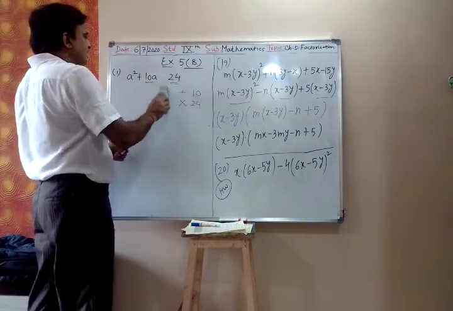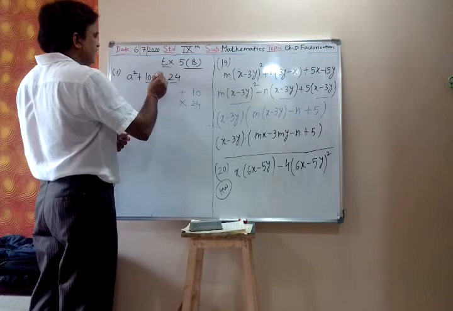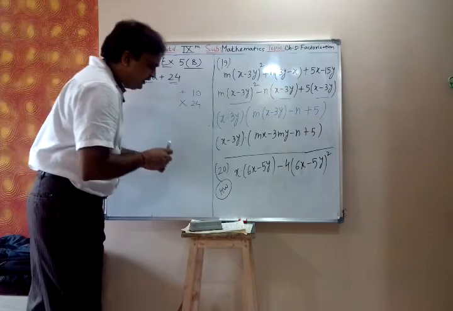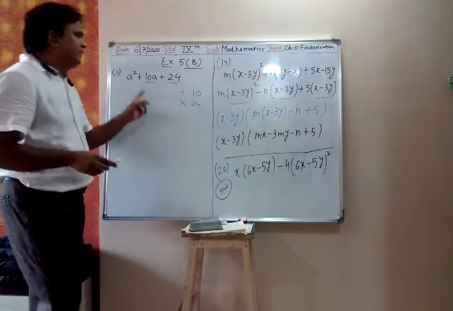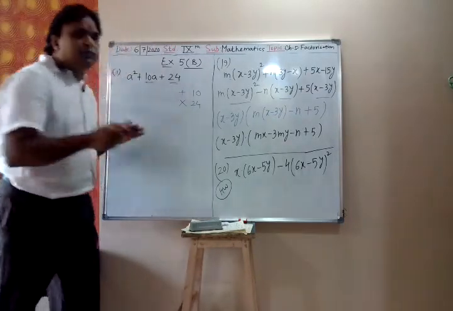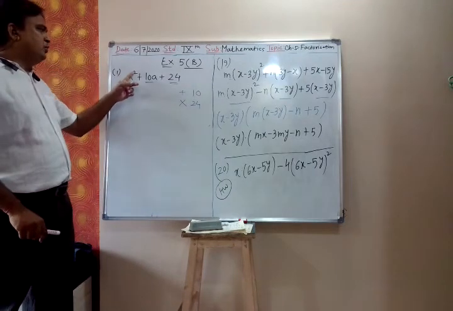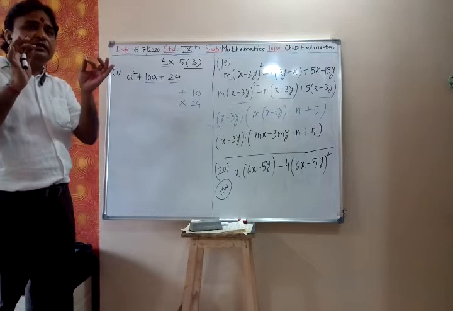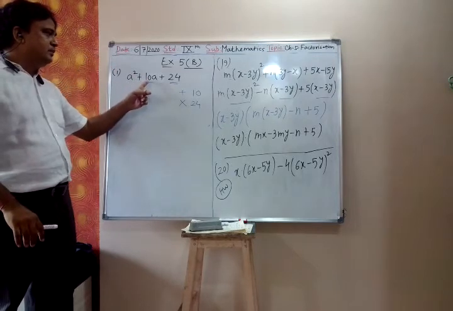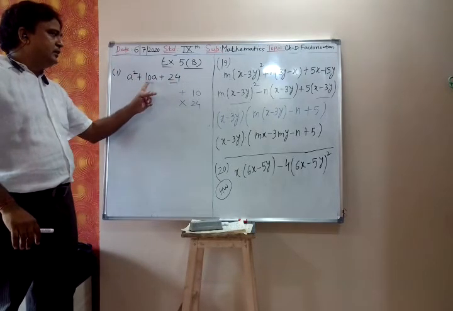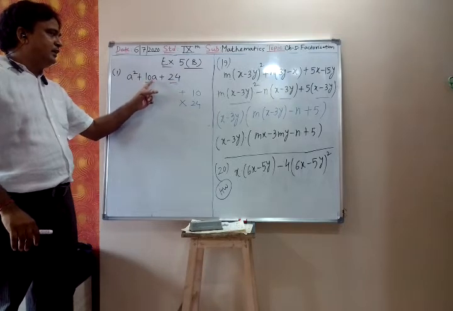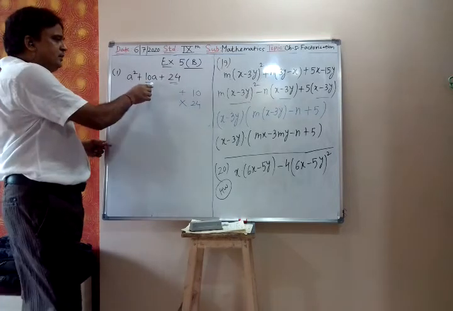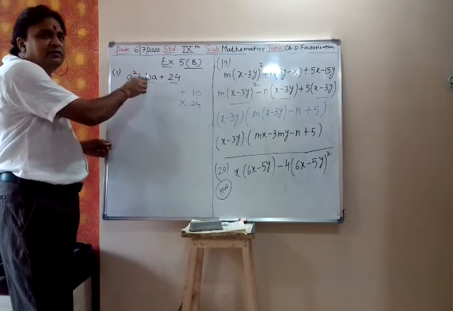A square plus 10a plus 24. See, whenever the power of a is 2, it means it is a quadratic expression. There is a middle term and there is a last term. The middle term is 10a. So now this middle term we have to split. How do we split the middle term?